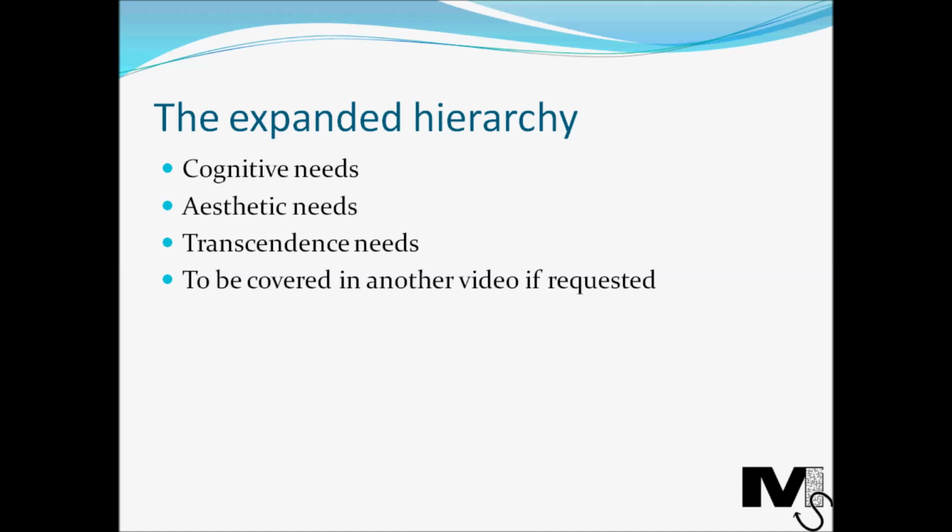Because the motive of this video is to look at the business application side of things, I've decided to use the original hierarchy, which is most popularly applied in a business sense. But if you are interested in knowing about the expanded hierarchy, please do let me know in the comment section, and I will produce a fresh video to look at the expanded hierarchy for you.